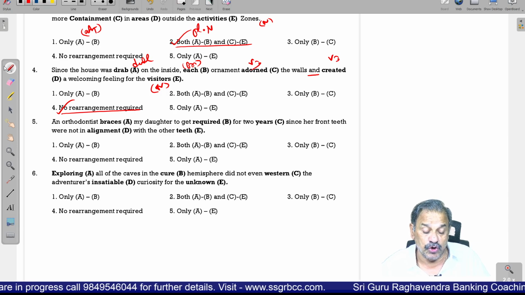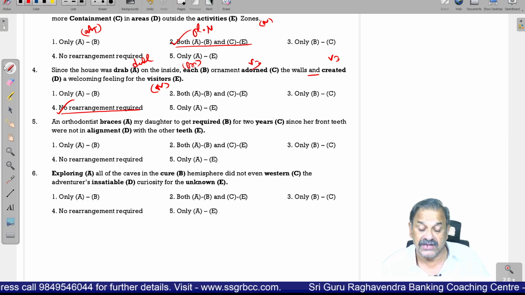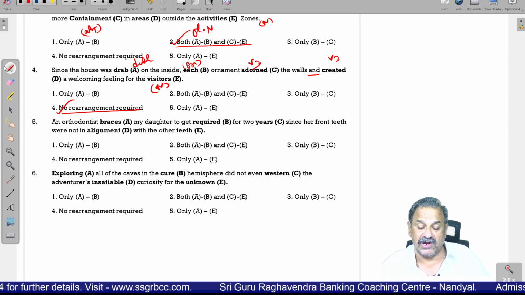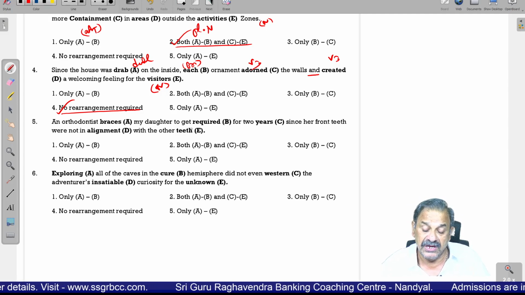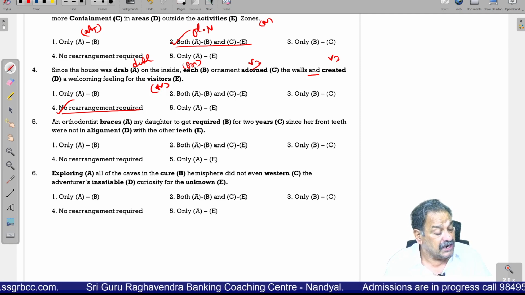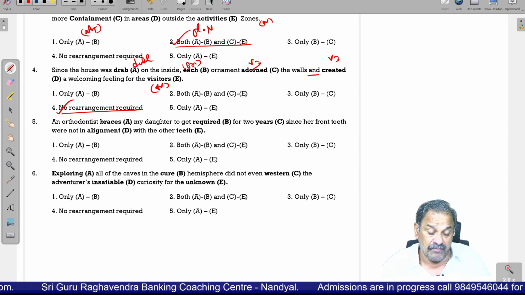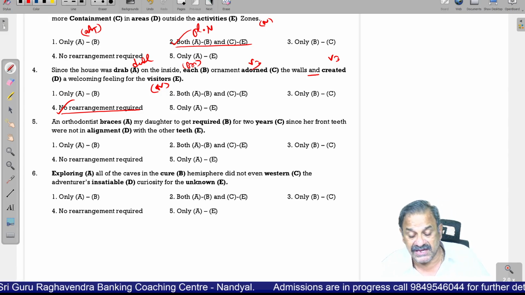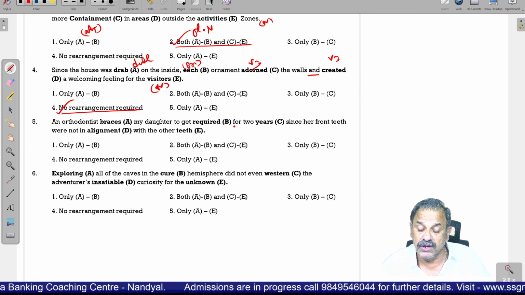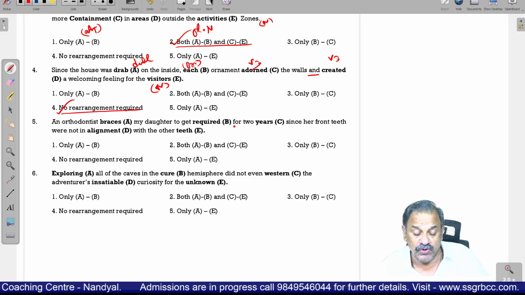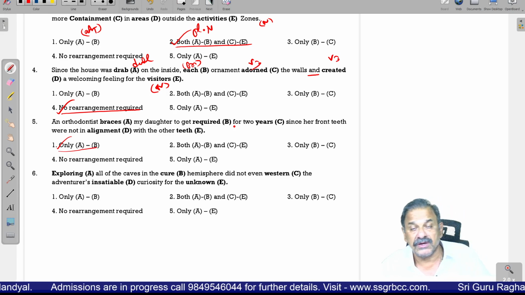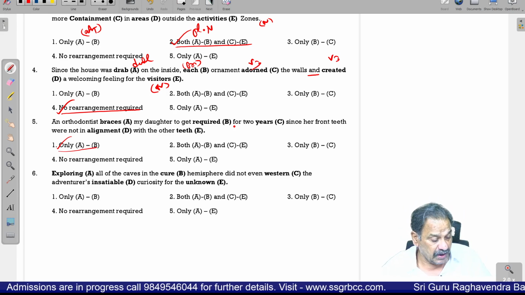So an orthodontist required my daughter to get braces for 2 years. Period of time is there, so you have to use for. Point of time you have to use since. So here we have to exchange A and B. Choice 1 is the answer.